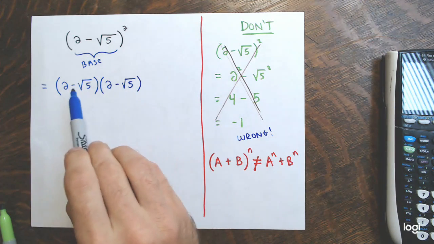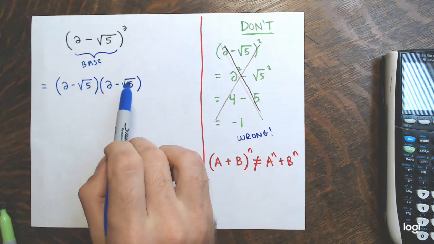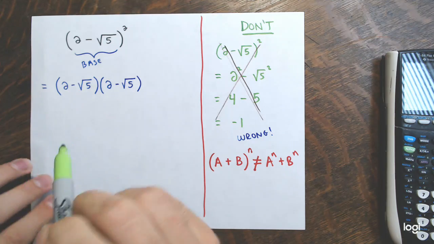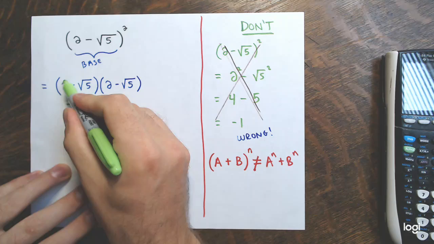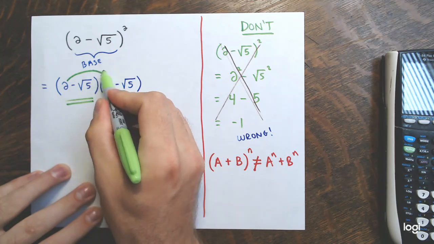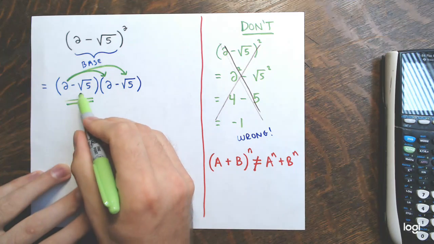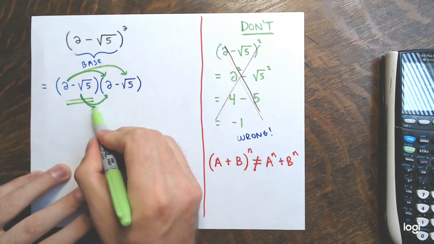And now do you see how the problem becomes just like my last example, where I'm multiplying 2 expressions that have 2 terms? So we're going to do a lot of distributing. So pick one of them, I'll pick this one. I'm going to distribute the 2 first to the other expression, and then I'm going to distribute the negative square root of 5. Don't forget negative is part of the term.